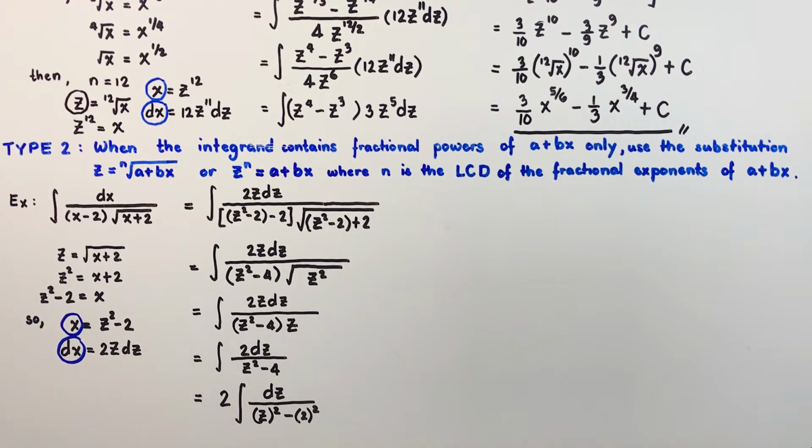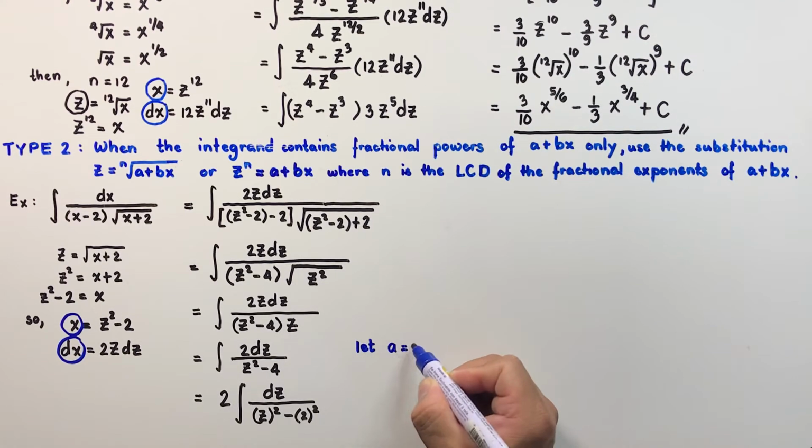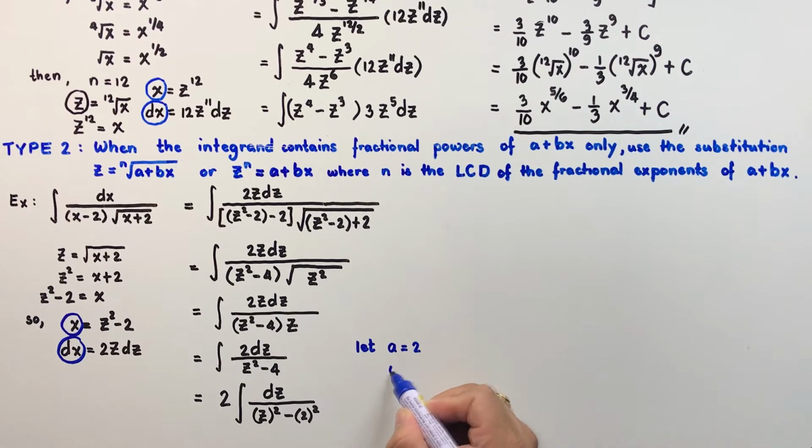So looking at our denominator, we notice that this is a difference of 2 squares. So here we use a representation for our constant a, which is 2, and our u is our z. Then therefore, our du is dz.